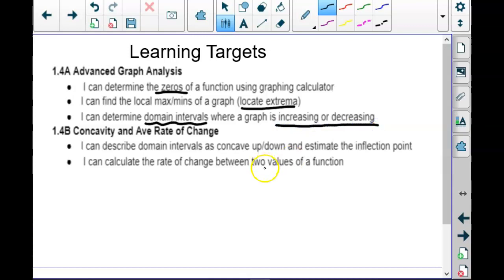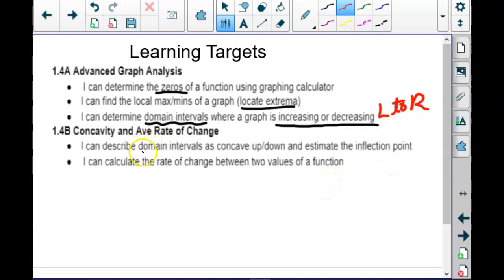What does domain mean? X, right? Domain means X, so you're going to use the X values from those maxes and mins and write intervals where the graph is increasing or decreasing. And increasing or decreasing just meant as you go left to right, is it going up or down?